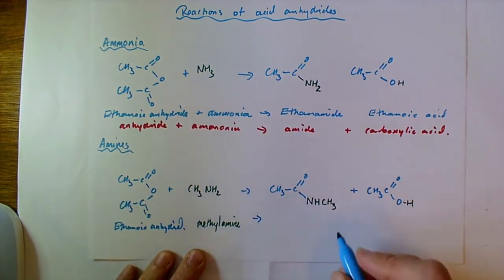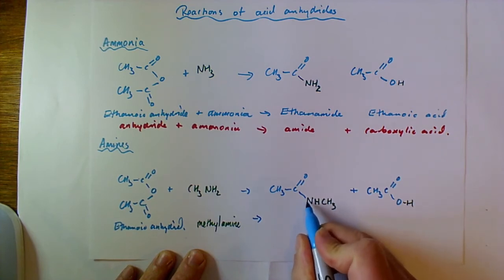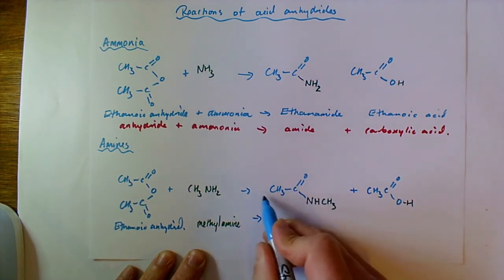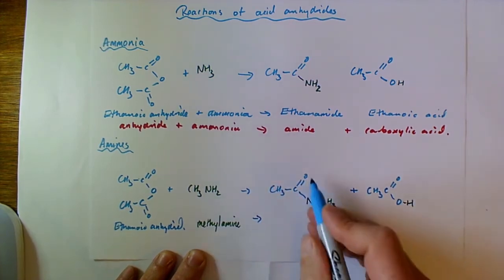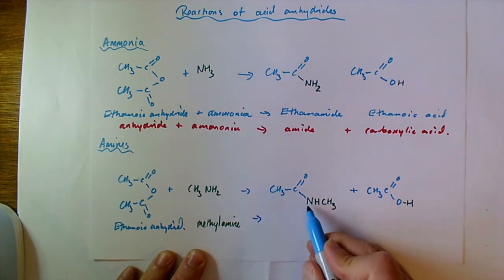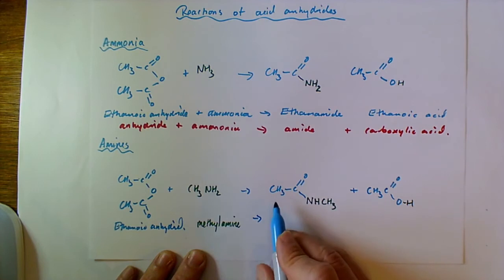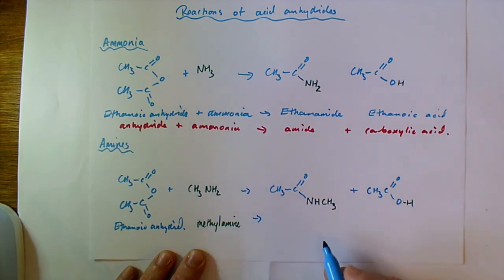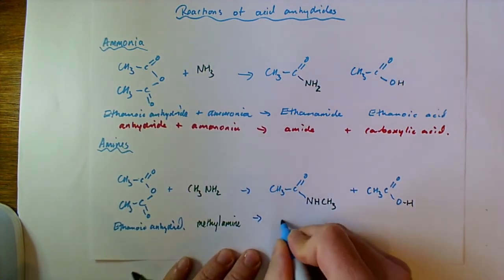So I've got a methyl group attached to my nitrogen, which is then attached to my carbonyl section. So my carbonyl section is my main bit of naming, so ethanamide, because it's an amide, and we've got a methyl group at the start. So it would be, and I'm going to quiz you, make sure you know what I've done wrong.